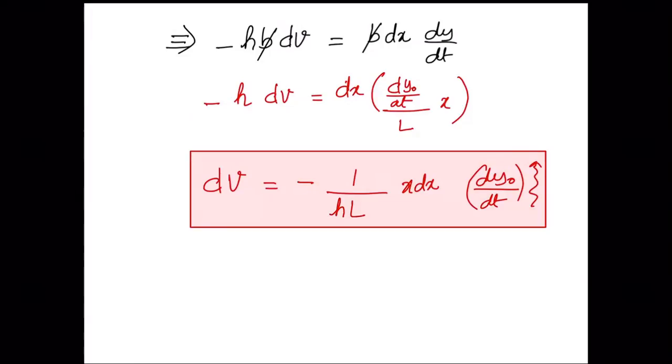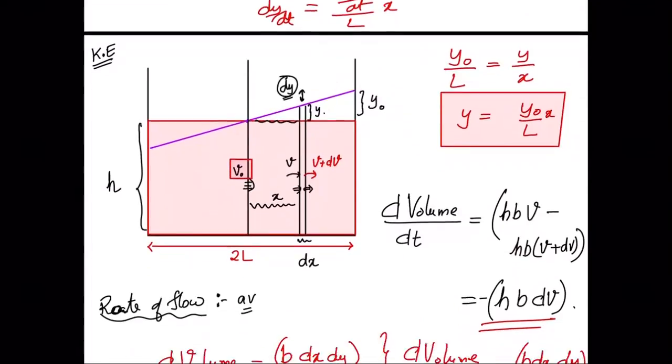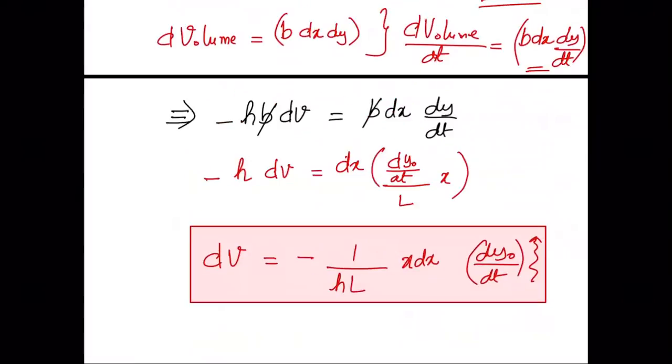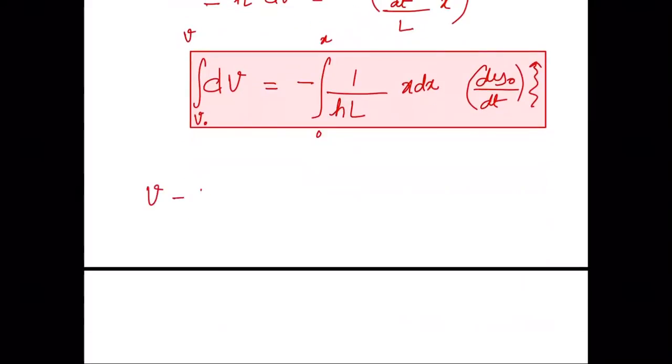Right now, what I have assumed is that the speed of the mid section, that means when x is equal to 0, is v naught. Let me try to get the value of v naught also. When I integrate this, I will integrate it from v naught to v, and this will be from 0 to x. That integration will give me v minus v naught is equal to minus 1 by h into L is constant.